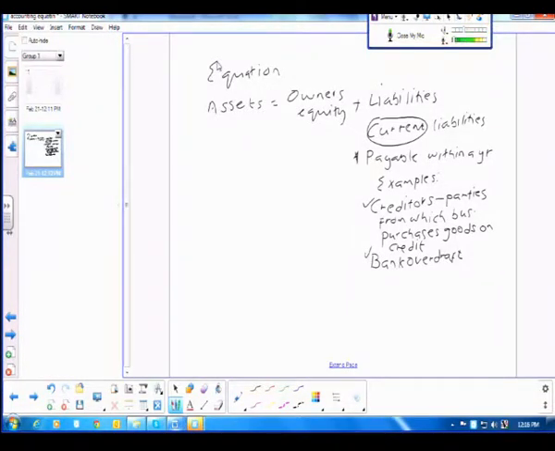All right, and we've got VAT. We call it VAT output. VAT output is VAT that comes when we are selling goods.